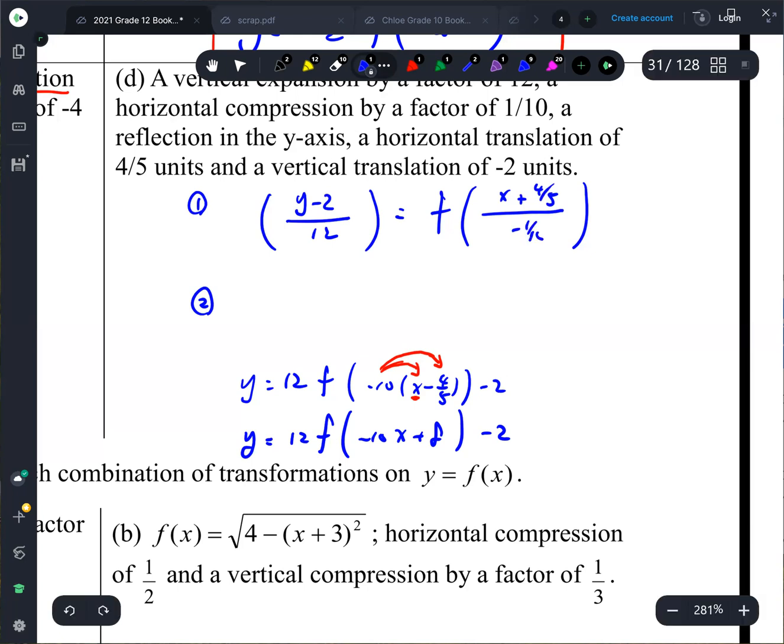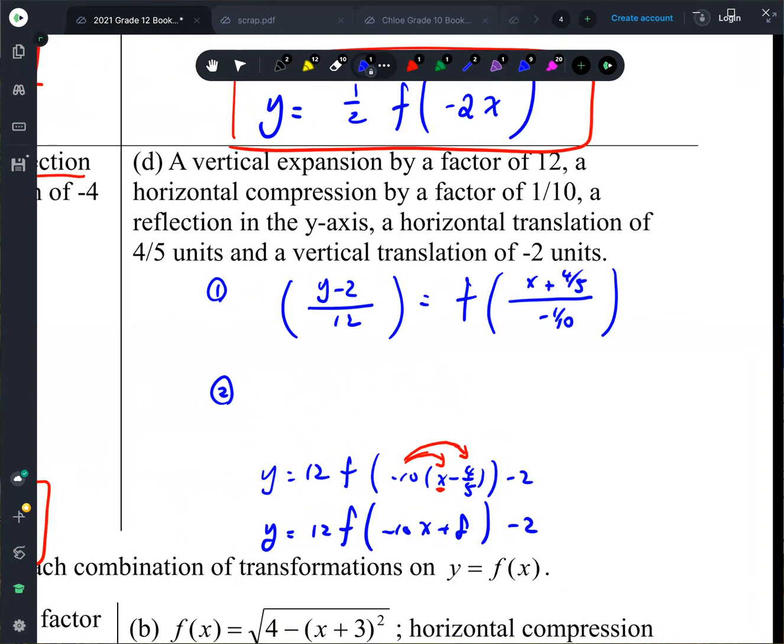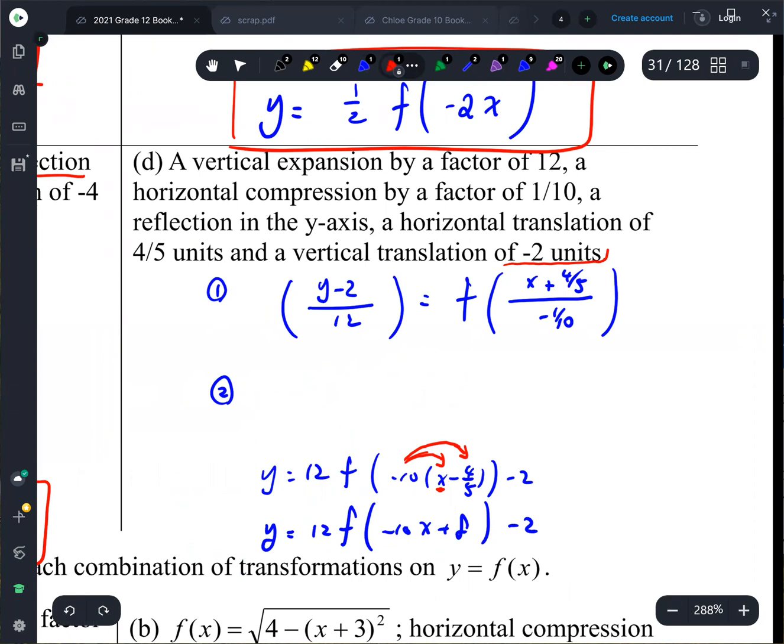Okay. Can you tell me why you think it is minus 2 on the y side? It says vertical translation of minus 2 units. Okay, if it's a vertical translation of minus 2 units, it means which way? Down 2 units. Yeah, it will mean down 2.